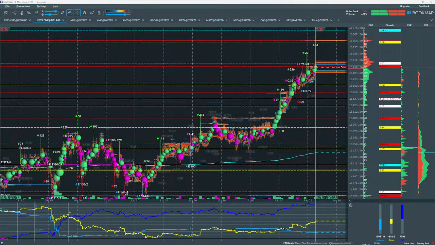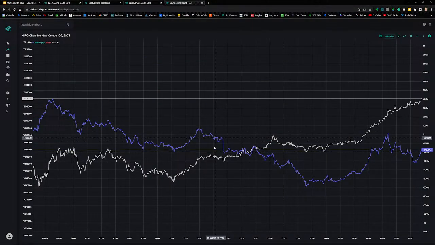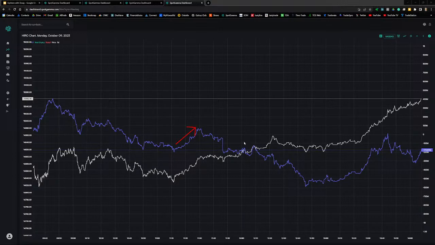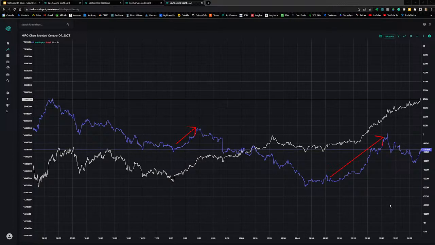Let's go back to Hero. So after this brief up move around 11:10, options traders have not been driving price higher until just about the same time as the S&P 500 around 1 o'clock. NQ traders, or NASDAQ traders, started to take positive delta positions again.